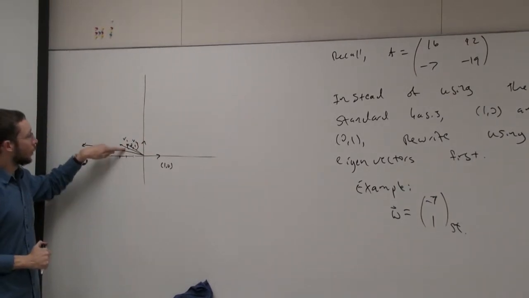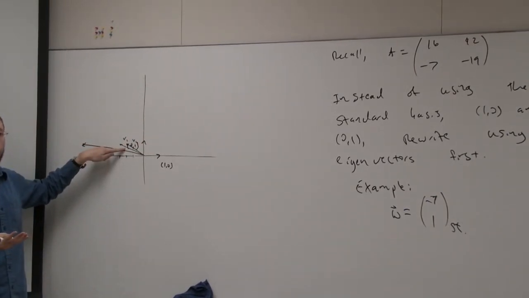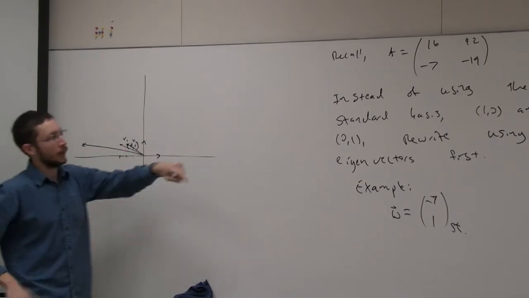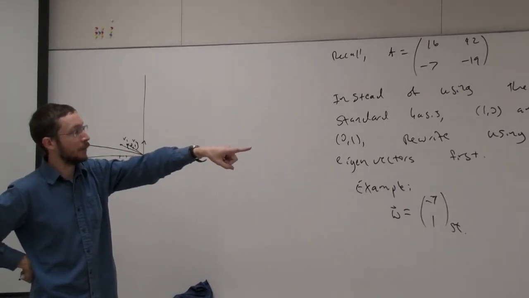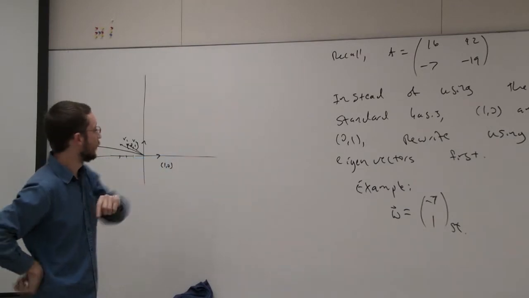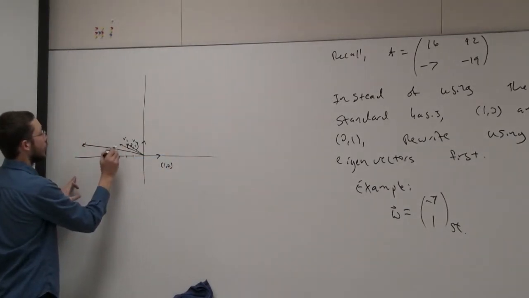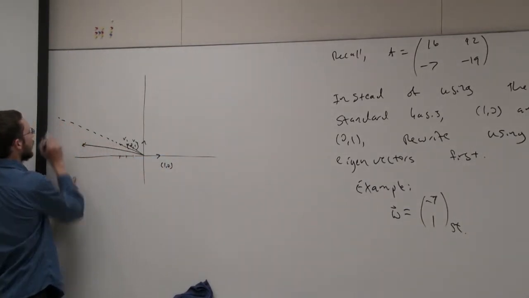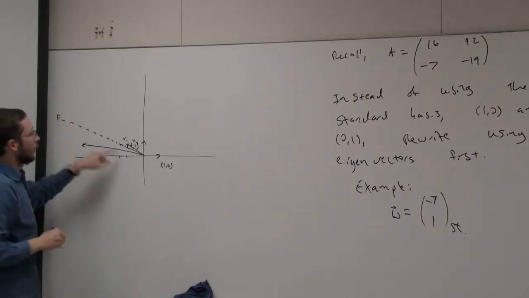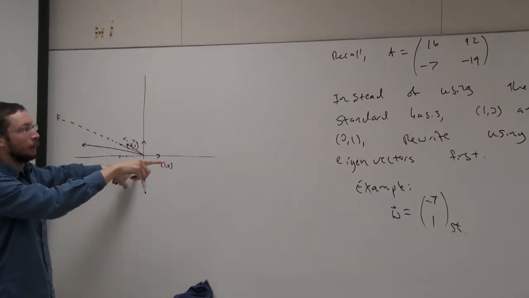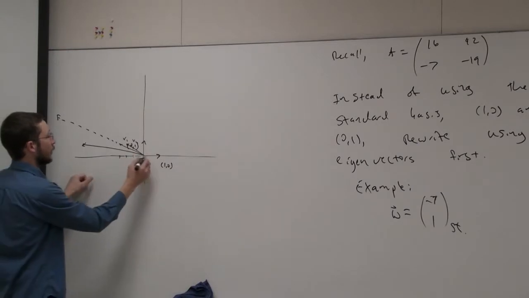And so the coordinates with respect to this new basis are, we're going to take 5 copies of V1, so that would shoot it out. We're going to take 5 of those, and we're going to take -4 of this vector.